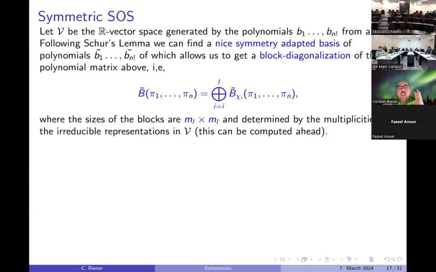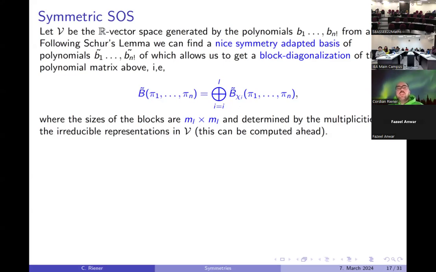So that's a lot of things coming together now. The important thing is I find a new matrix, which is exactly the same matrix as the pairwise product, but now it's the pairwise products of this B twiddle, and I symmetrize it. Schur's lemma will guarantee that the matrix I get will be of block diagonal structure, so it will sum directly as these smaller matrices B twiddle Hi, where each of these corresponds to a different isotypic component.